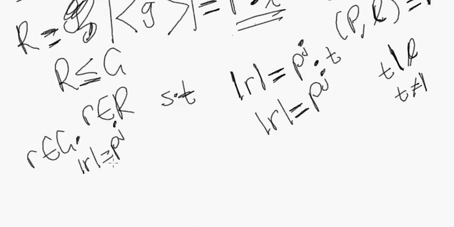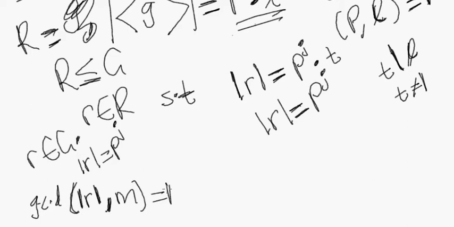But now haven't we just found an element in the group whose order is P to the J, which means that the GCD of the order of r with M has to equal 1? Because M has nothing in common with P, right? Because the GCD of M and P is 1, and the order of r is just a power of P. So how can P to the J have anything in common with M, right?